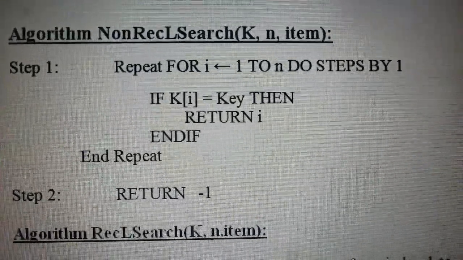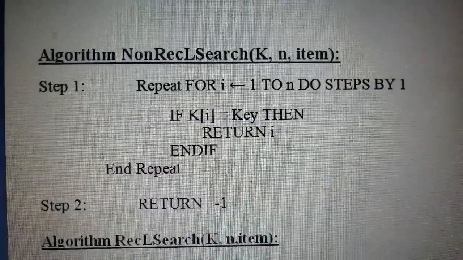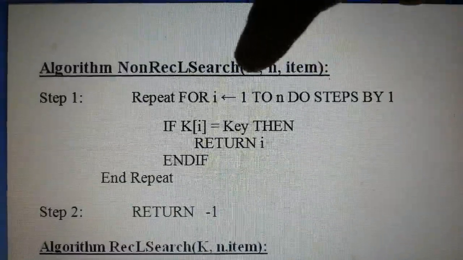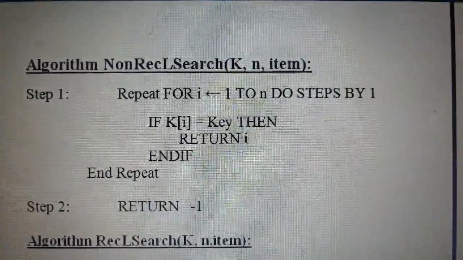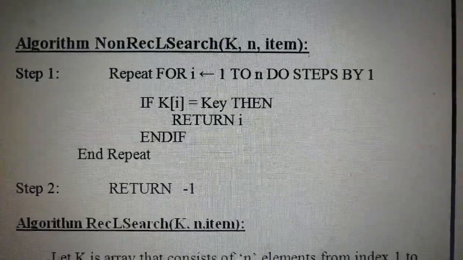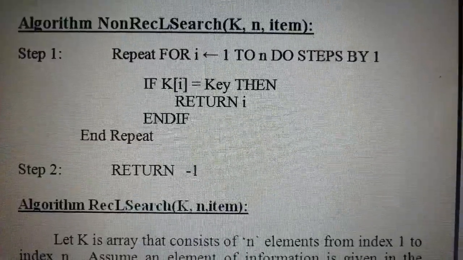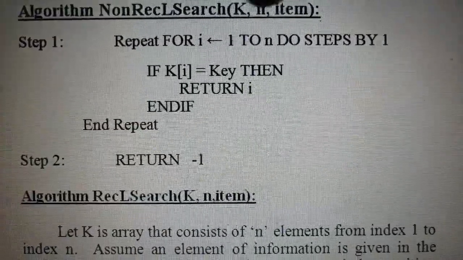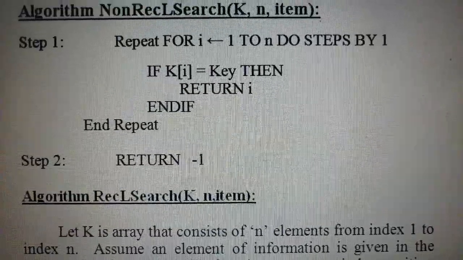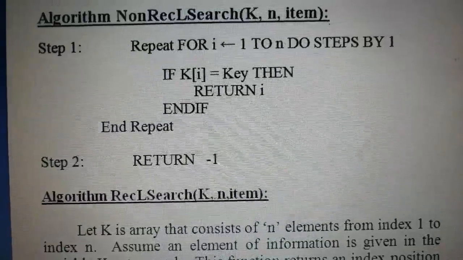When writing the program, we take for i equals 0 to n minus 1. If k of i equals key, where k of i denotes the value in a particular ith location, that is k of 0 is the value in the 0th location, equal to our key value, if the match is found, then we return that position.